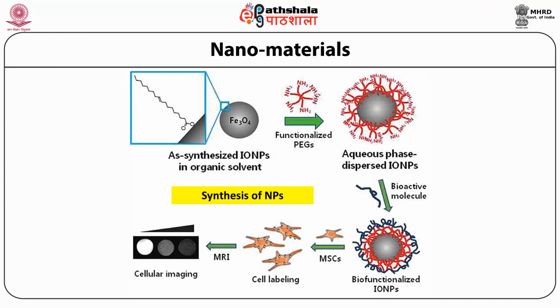In step 2, these dispersed nanoparticles are treated with suitable bioactive molecules like proteins, oligonucleotides, antibodies, and any other biomolecule to make the nanoparticles biofunctionalized. In step 3, the biofunctionalized nanoparticles are injected into the cells. Inside the cell, they bind with a specific target and get localized. Finally, the cells are scanned through appropriate imaging techniques like MRI or other scanning techniques to visualize the cells through detection of the localized nanoparticles.